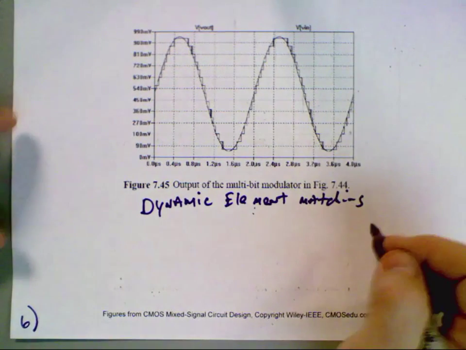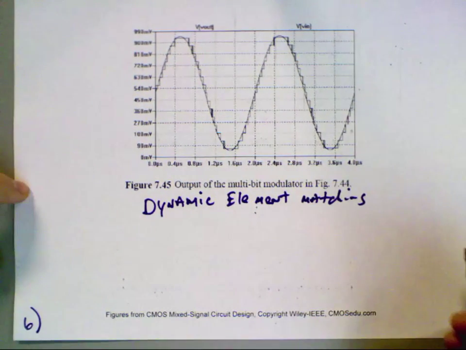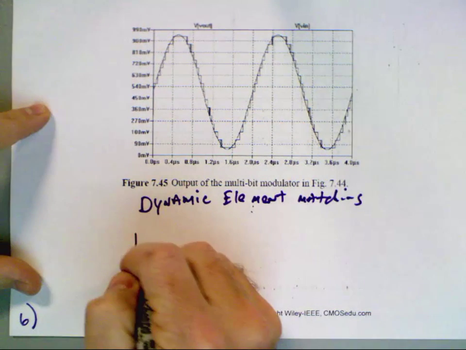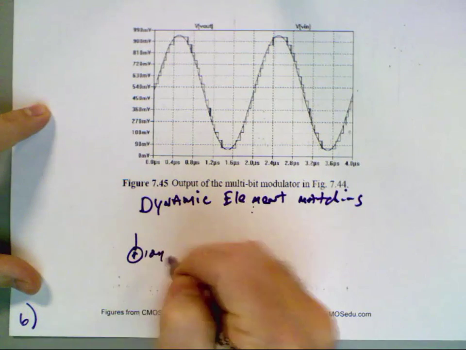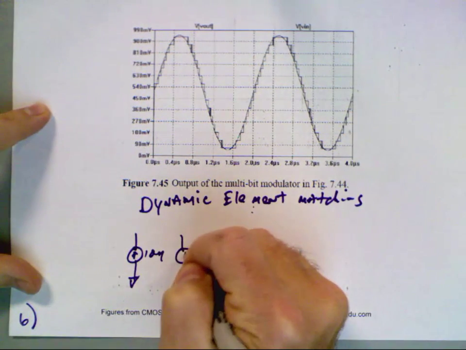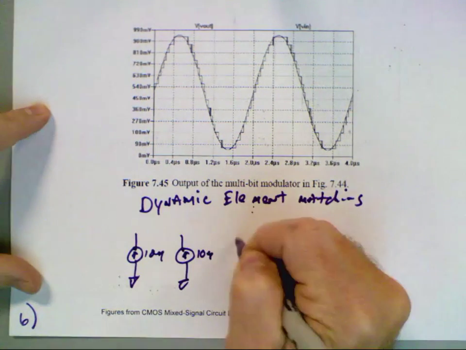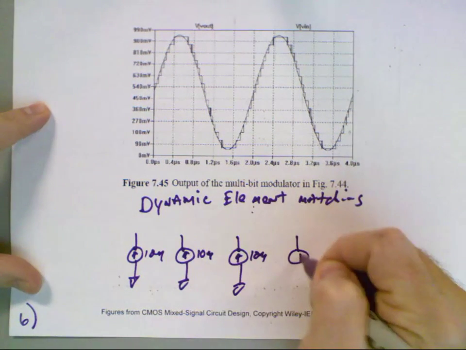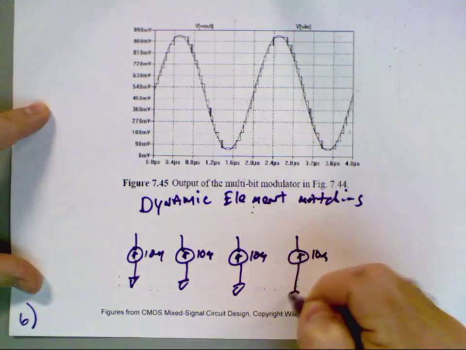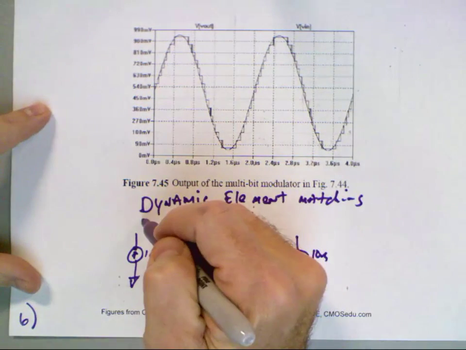Okay, so I want you to imagine that, let's do 2 bits or 4 converters. So I have the following. I have 10 microamps, 10 microamps, 10 microamps, etc. And then I've got my output here.